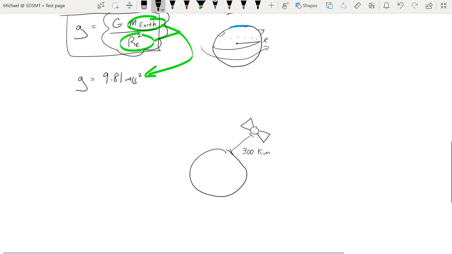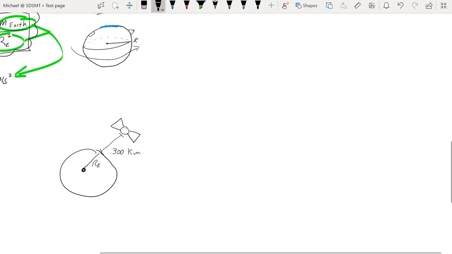And we'll talk in the next chapter about how they're able to maintain that altitude without falling down. But what we have here is radius of the Earth plus an extra 300 kilometers. And I'd like to know what is the value of the acceleration due to gravity for the astronauts that are up there in the International Space Station.